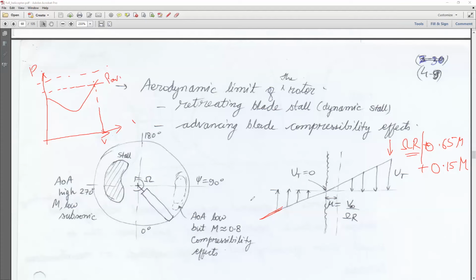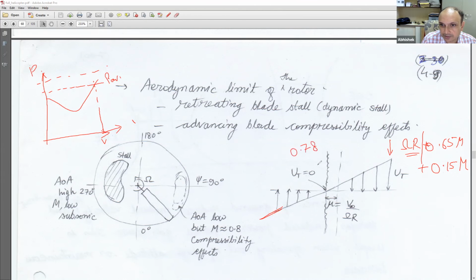I've got two answers, 0.8. Do all of you agree? Yes, below transonic, that is correct. It's actually around 0.7 to 0.78, close to 0.8. If you check the Mach number for Boeings and Airbuses, they typically fly at 0.78 to 0.8.